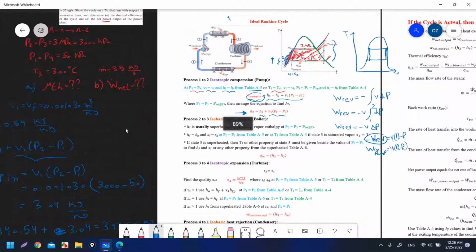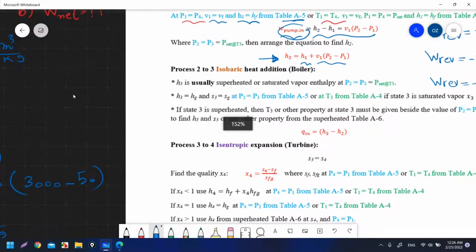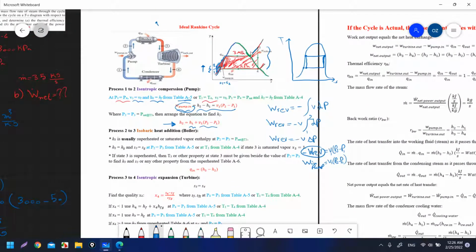Okay, so let's go and find H3. H3 is usually superheated because that's what we assumed, and when we draw the T-S diagram, we have a superheating here from the saturated vapor to state 3, or it is a saturated vapor. They didn't do superheating. Okay, they just put it like here on the saturated liquid-saturated vapor line.